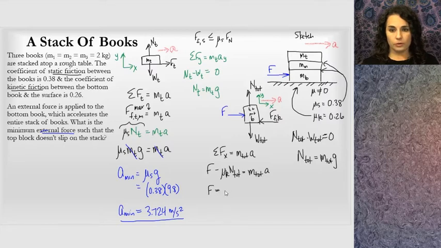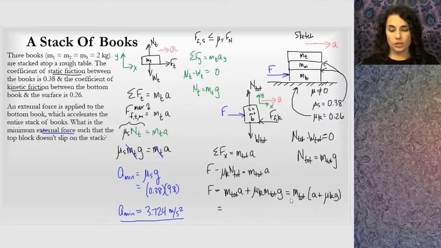F equals M total times A plus mu K times the normal force, which I know is M total times G. You can factor an M total out here, and you get A plus mu K times G.